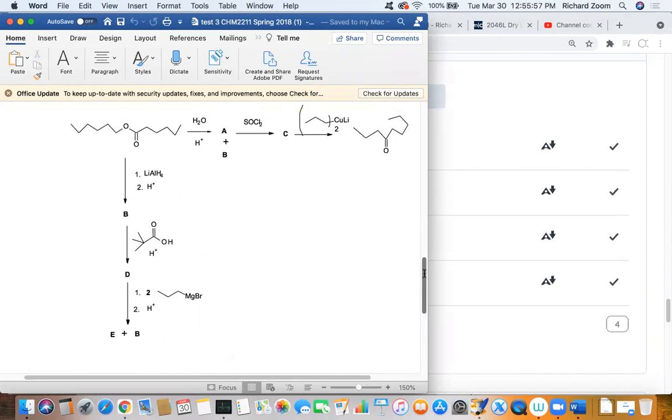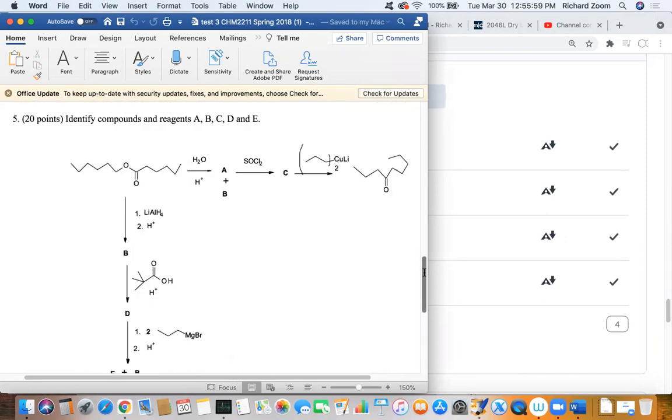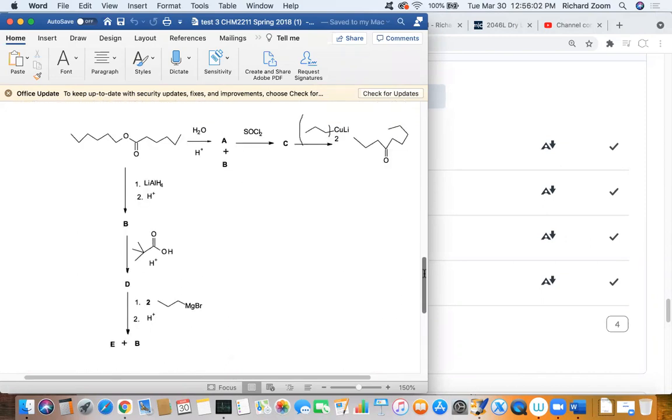Okay, so here's this copper lithium one again. And the lithium aluminum hydride is in here as well. All right. Okay, let's take a look at this one. So this one actually has more clues than it looks like it does.